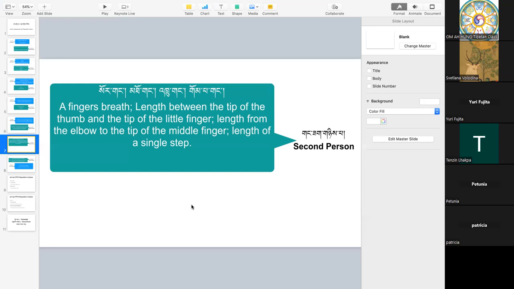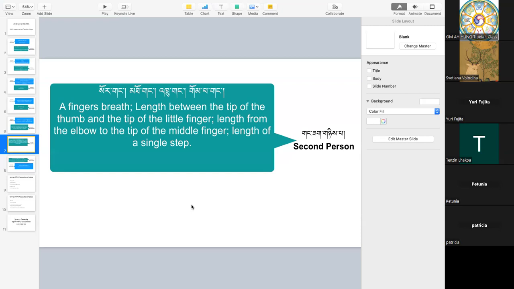And then the second one is tokang. Tokang is the length between the tip of your thumb and the tip of your little finger. You stretch your thumb, it's not like you just keep it like this. You have to stretch all of your fingers apart as much as you can.